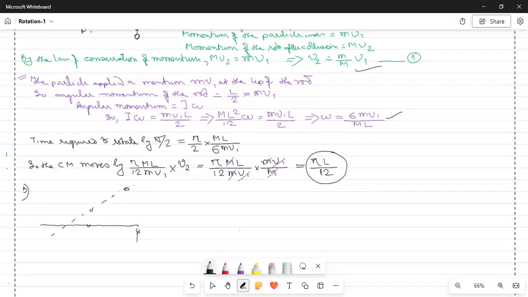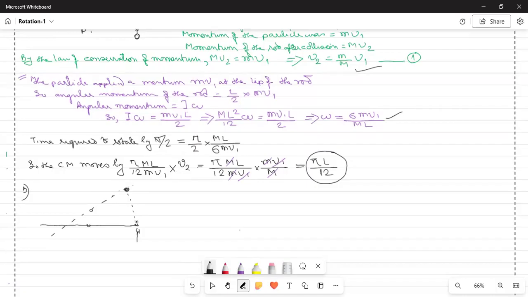And this is the tip of the rod. Now, how do we find the linear velocity of the tip of the rod? It will not be difficult. Just wait and see.